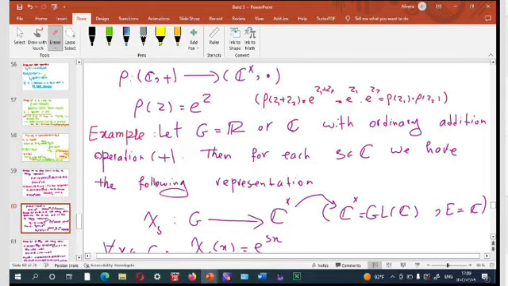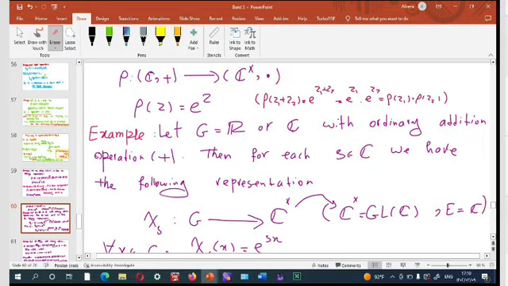Now we have this representation rho from C with plus to the non-zero elements in C with ordinary multiplication in complex numbers. By this function rule, it is very trivial that it is a group homomorphism.